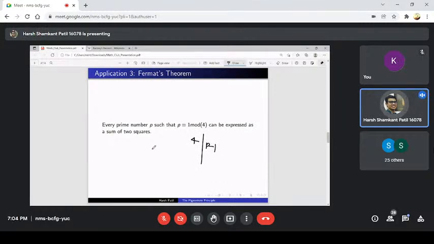So what are the primes that are congruent to 1 modulo 4? 5. Then, yeah, 9 is not a prime.